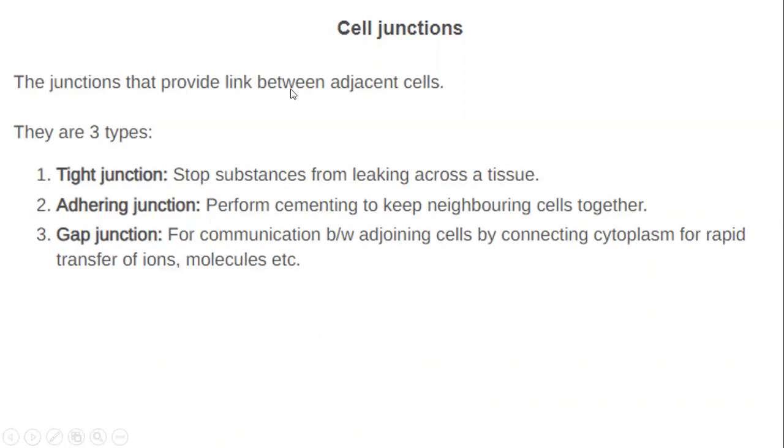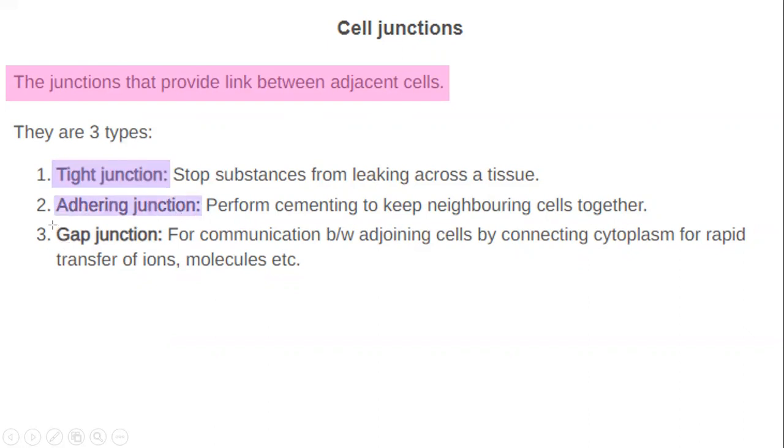Okay, everyone. Fine. So now we are moving on with the next topic, cell junctions. These junctions provide a link between adjacent cells, and they are of three types: the tight junction, adhering junction, and gap junction. These cell junctions have specific functions.